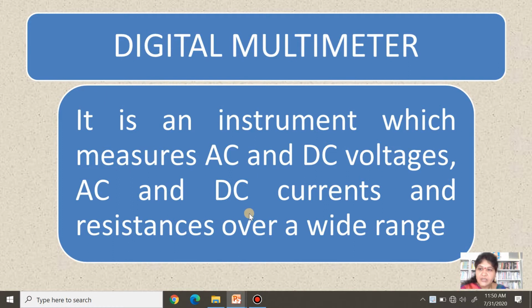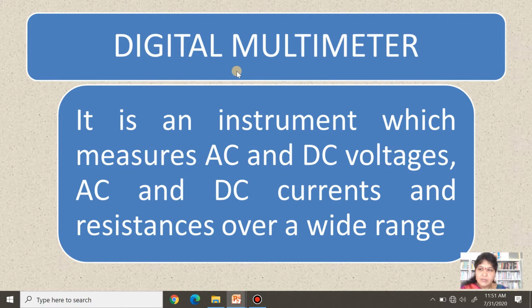The multimeter is used for the measurement of AC and DC voltages, AC and DC currents, and resistance. It can measure alternating voltages, direct voltages, AC and DC currents. It can also measure resistance over a wide range.